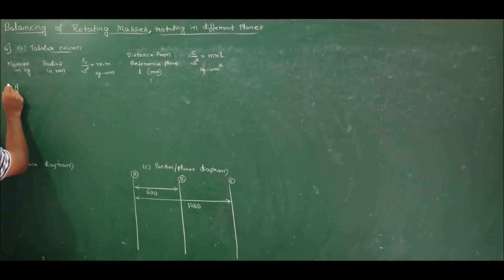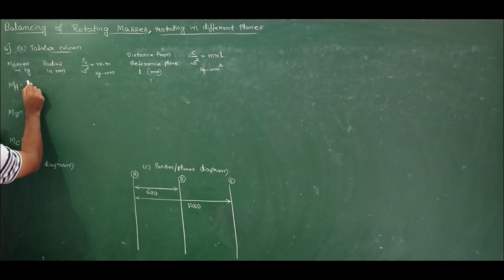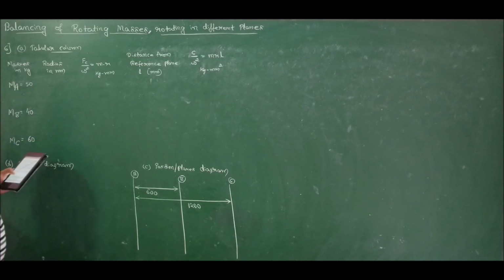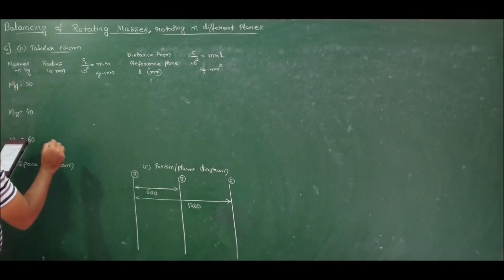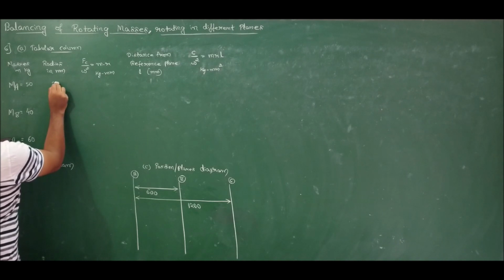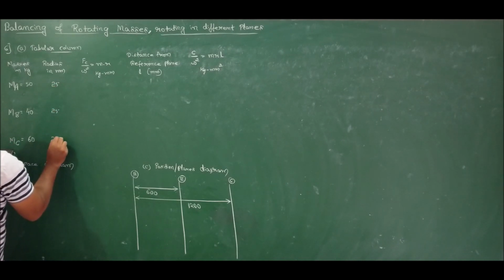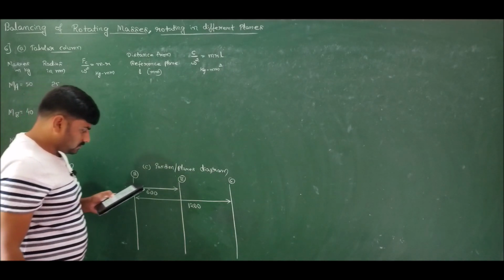Masses in planes A, B and C are specified as 50, 40, 60, with a radius of 25 millimeters: 25, 25, 25.